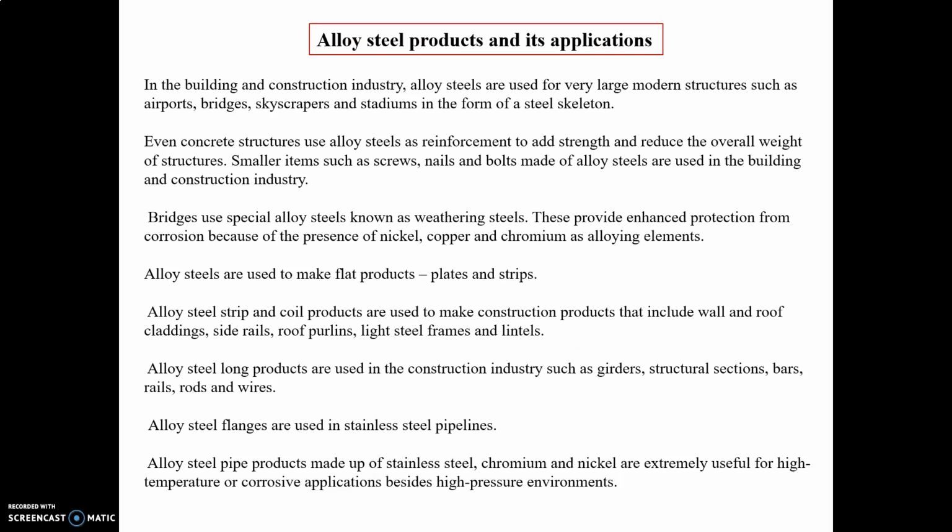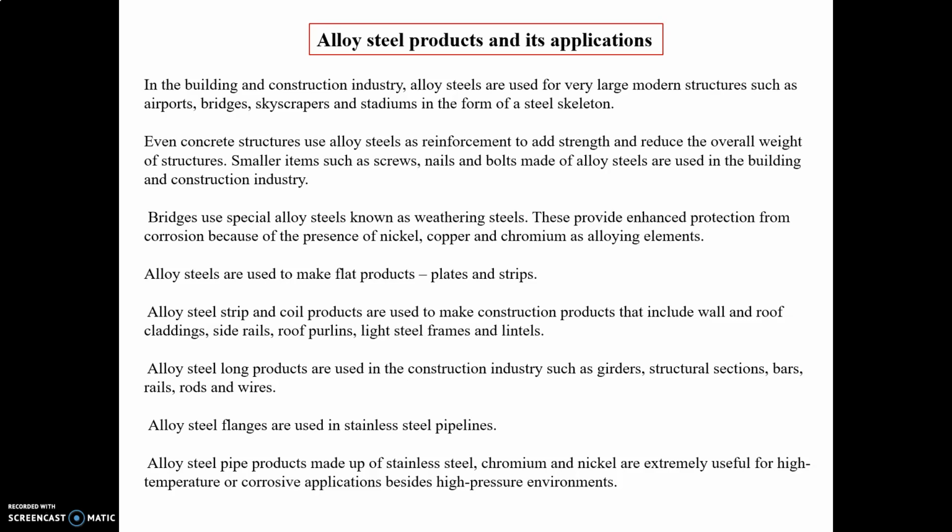Alloy steel products and their applications in the construction field. Alloying elements can alter carbon steel in several ways, that is, as we discussed, microstructure, heat treatment, all those things. More particularly, these alloying elements provide the desired properties for the construction field.